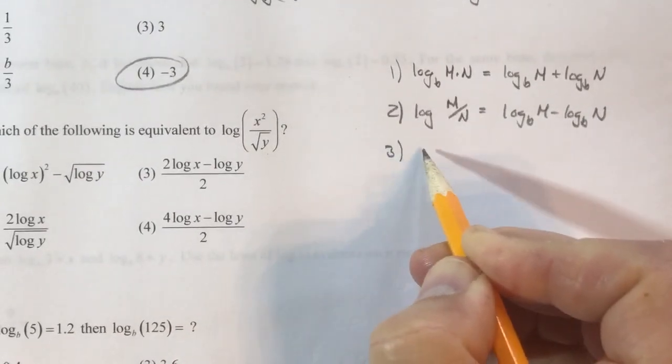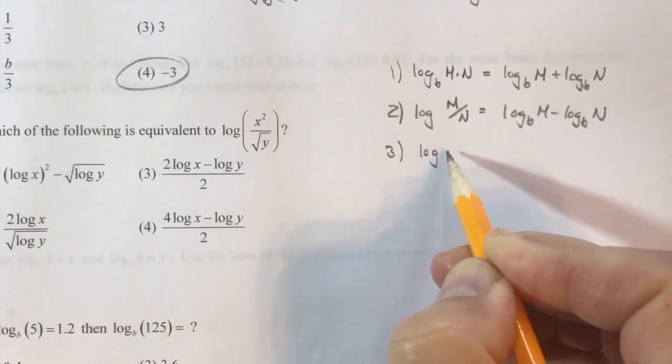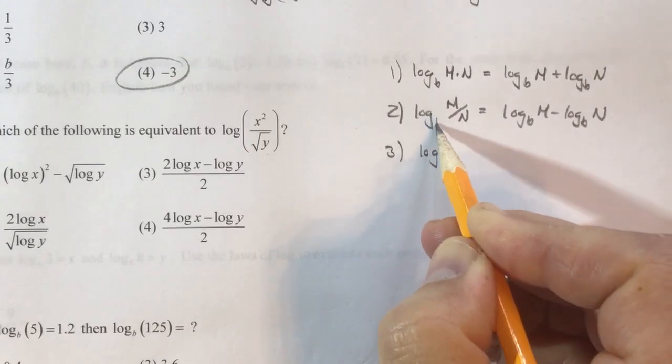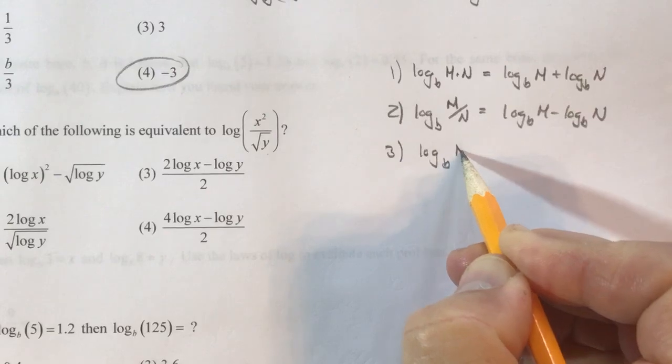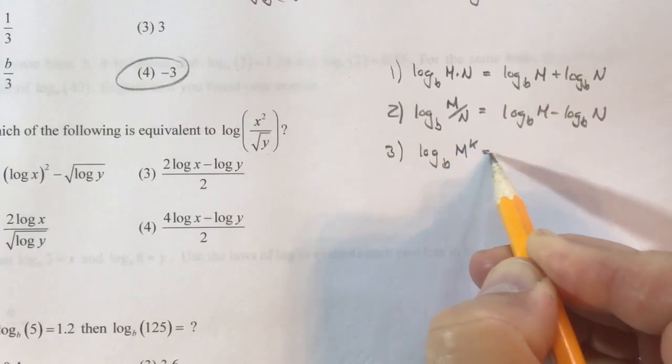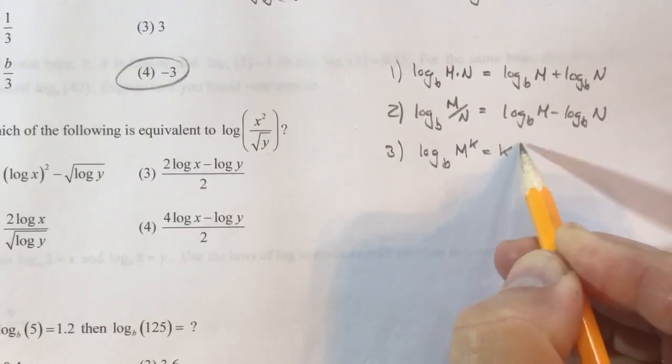And the third one, the power rule: log, we don't care what the base is, of a number, I'll put m, raised to some power, that power can go in front.